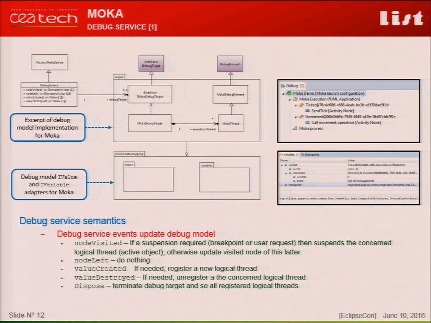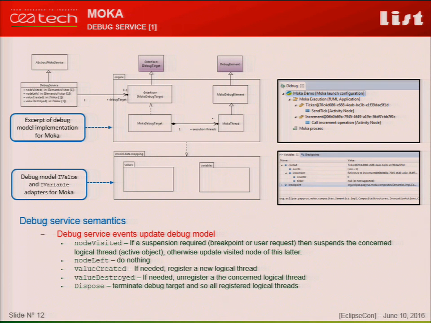The basic behavior of the debug service is that if a node is visited and a breakpoint is applied on the node, then the logical thread currently interpreting this node needs to be suspended. But it can also be a user request. If the user clicks on pause, then for the logical thread concerned by the user request, we suspend the execution.